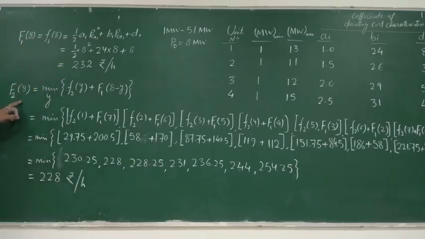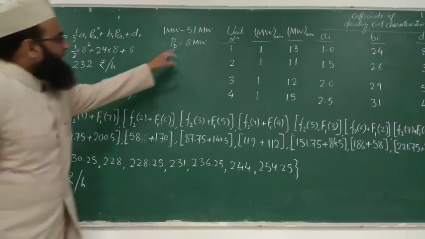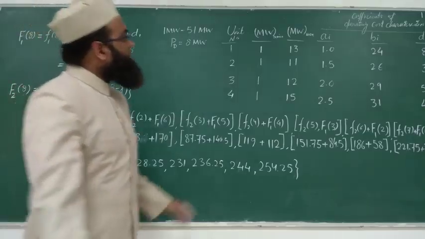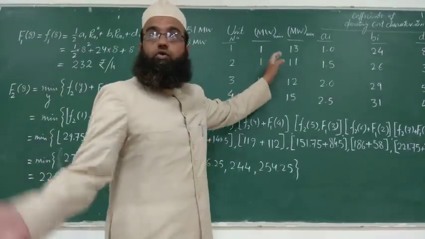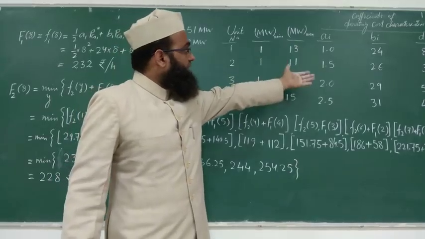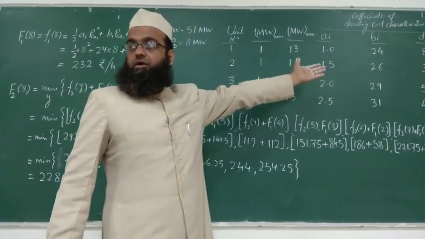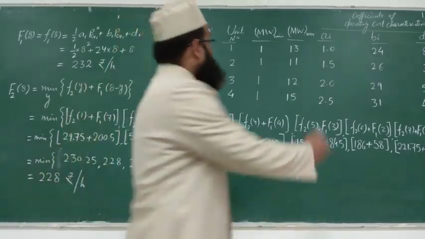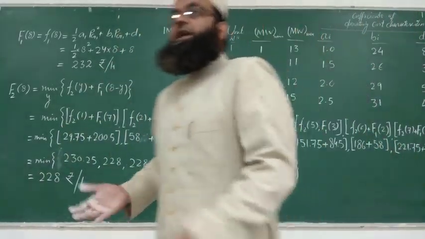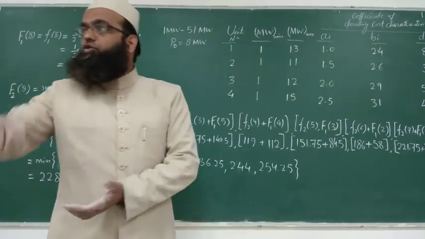What does it mean? To meet this 8 megawatt demand, if you are operating unit 1 alone, which looks to be more efficient just by observing the parameters of the characteristics, because the upper limit is 13, anyone can guess to select the highest efficient unit.